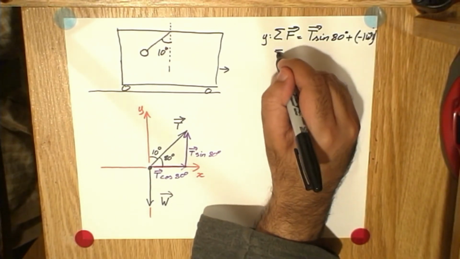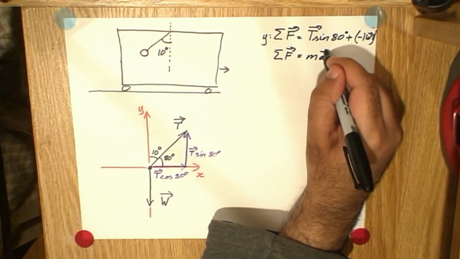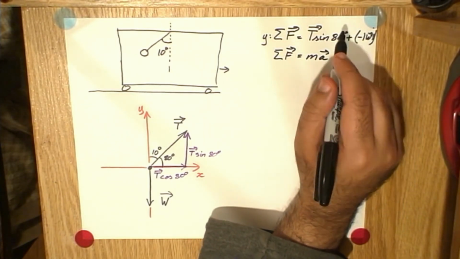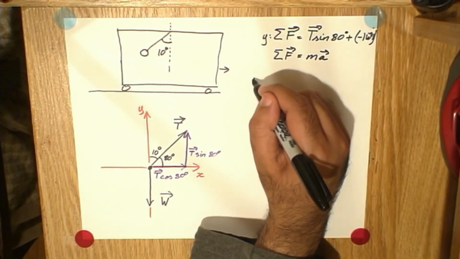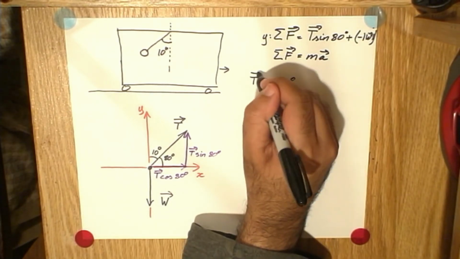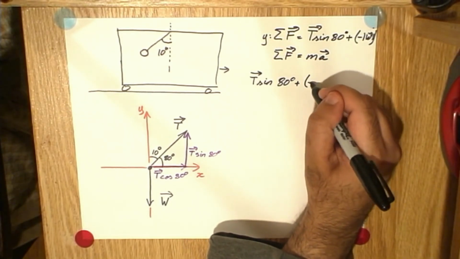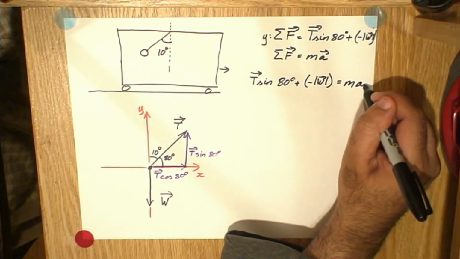Now, the total force in this case amounts to mass times acceleration. So we can combine these two terms, or these two equations. Tension sine 80 degrees plus negative W is equal to mass times acceleration.